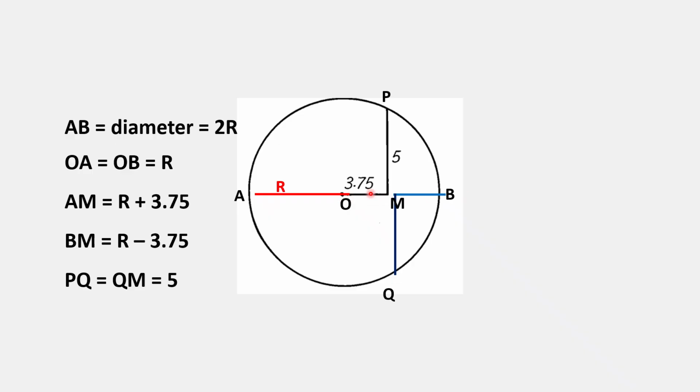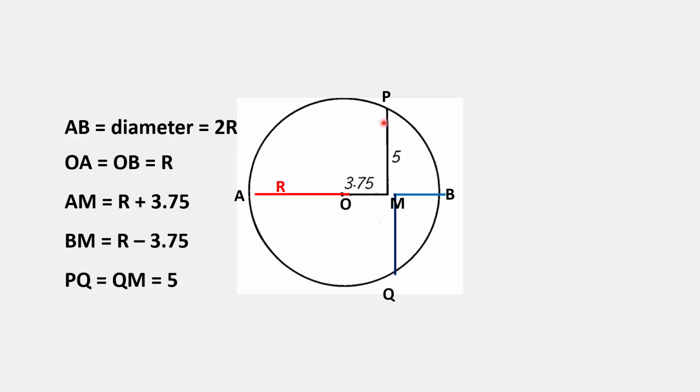This diameter will bisect the line PQ, meaning PM will be equal to MQ. Because this line is passing through the center, the two halves should be equal. So PM is 5, so QM is also 5, right?